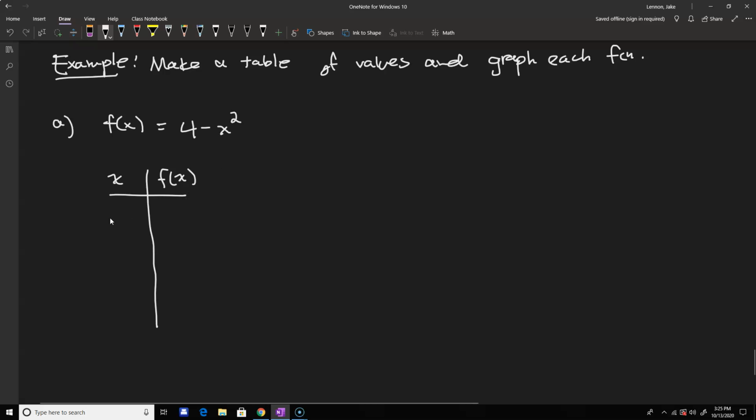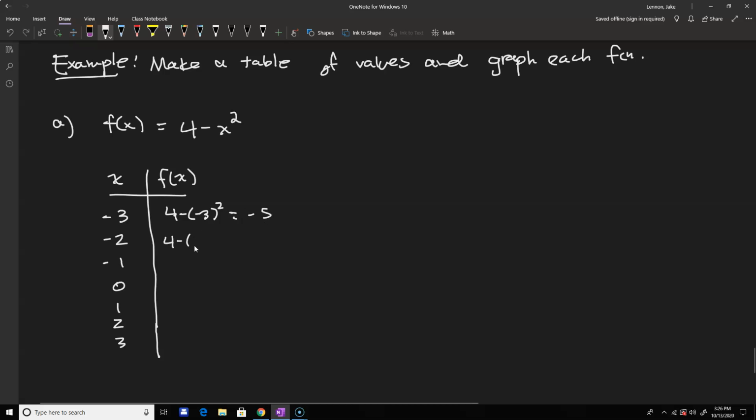So let's say we do -3, -2, we'll plug in, say, 7 values. So here we would have 4 minus -3 squared, and that would give us 4 minus 9, which is -5.